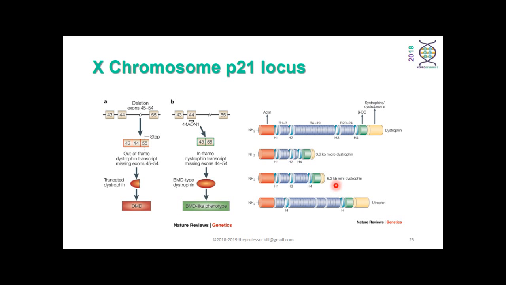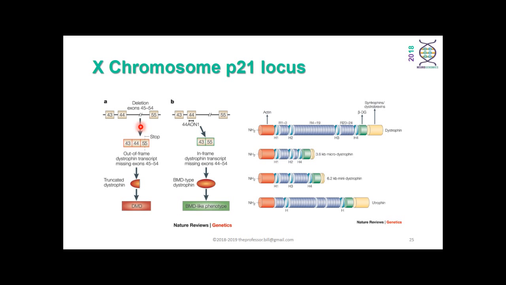This is where we normally will form the dystrophin protein, and this is where we see a lot of these different types of mutations. And one of the things that we will often see on the X chromosome associated with Duchenne's is we will have a deletion of a number of these different putative exons, a fair number of them.